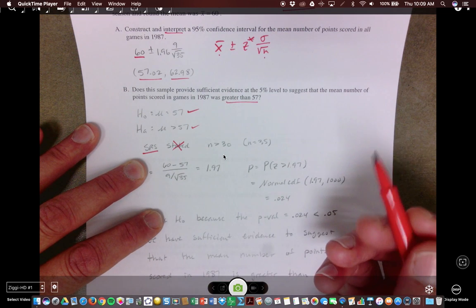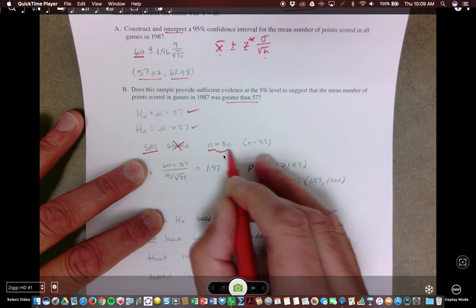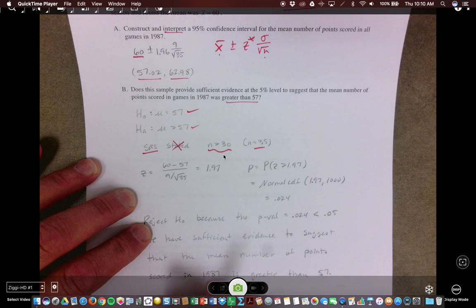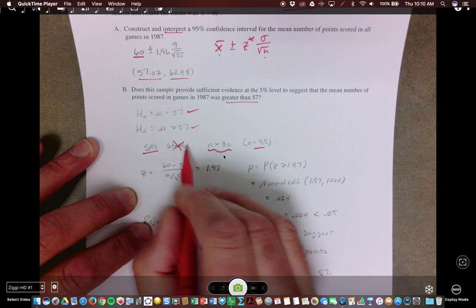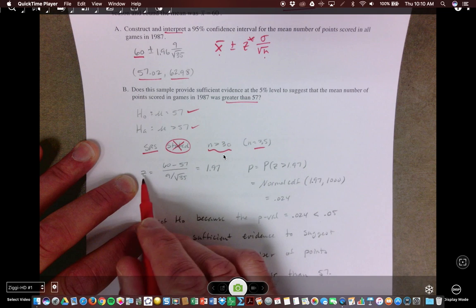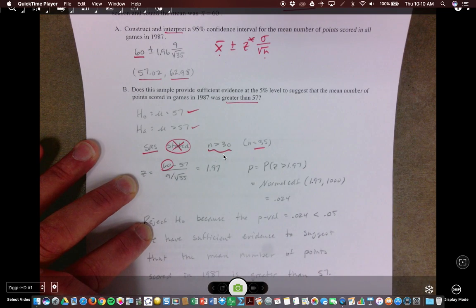It didn't say anything in the problem that the distribution of points scored was normal, but our sample size is greater than 30. It was 35. So this wasn't stated, but I will tell you that on the final exam, it'll be clearly stated or not.